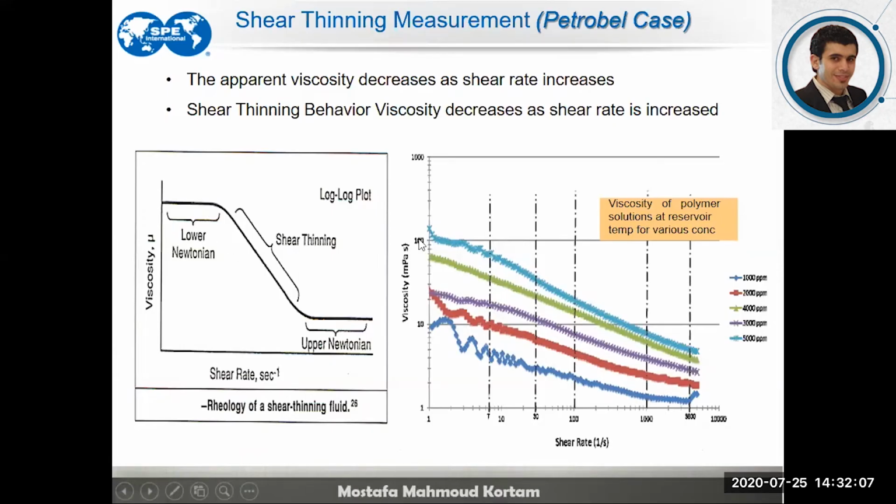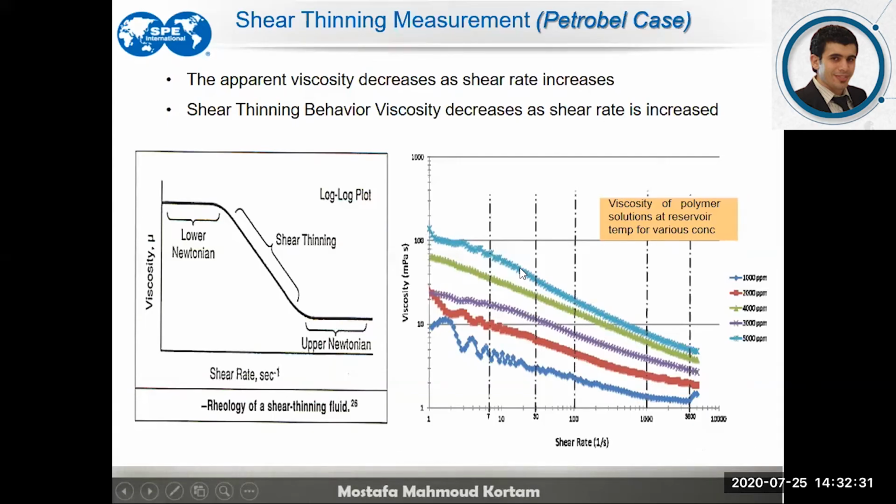So this is the typical, standard chart of polymer viscosity versus shear rate. It follows the trend where it starts as a lower Newtonian plateau, then becomes shear thinning; applying more shear, the viscosity reduces until, at a very high shear rate, it stabilizes.